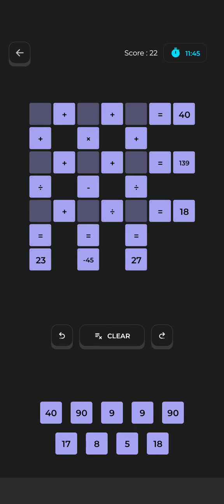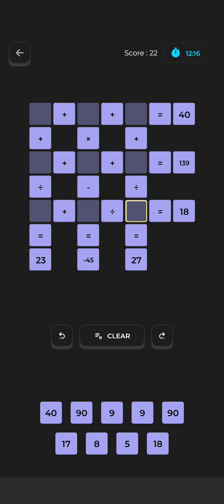This one is also, I think, pretty good. What I think will come here is 8, then 90 divided by 9.